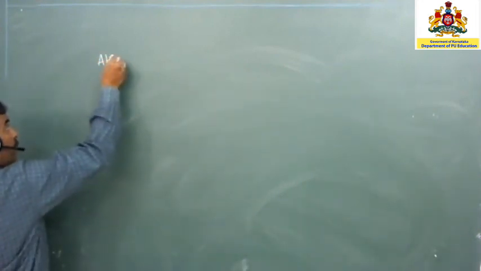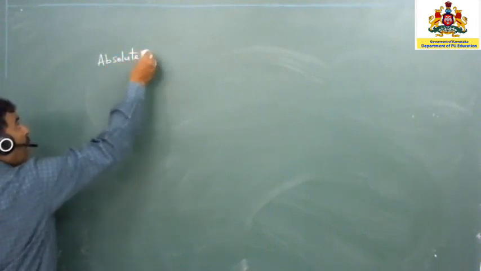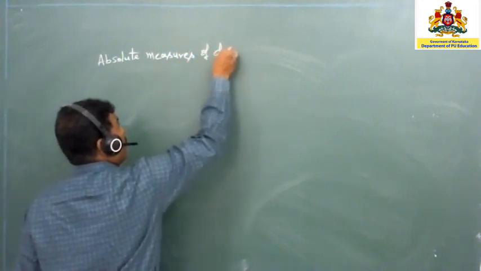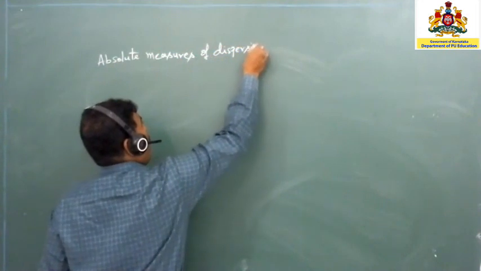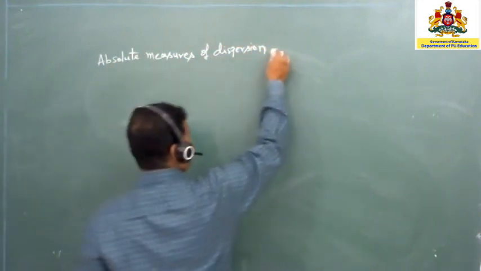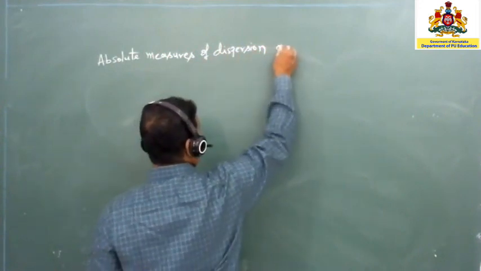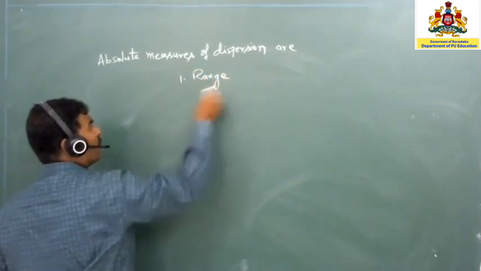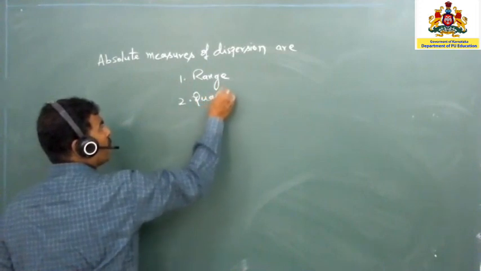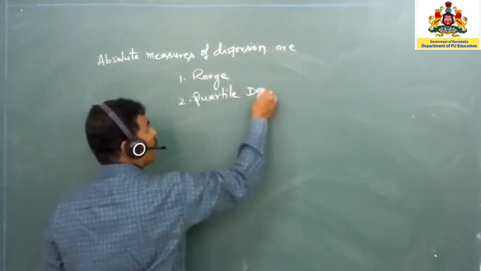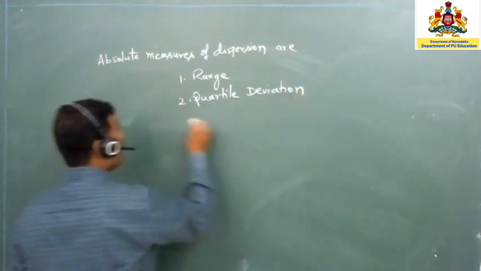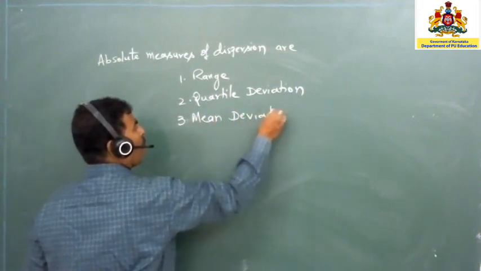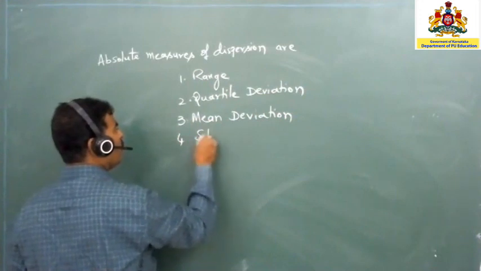Absolute measures of dispersion are: first one range, second one quartile deviation, third one mean deviation, fourth one standard deviation.